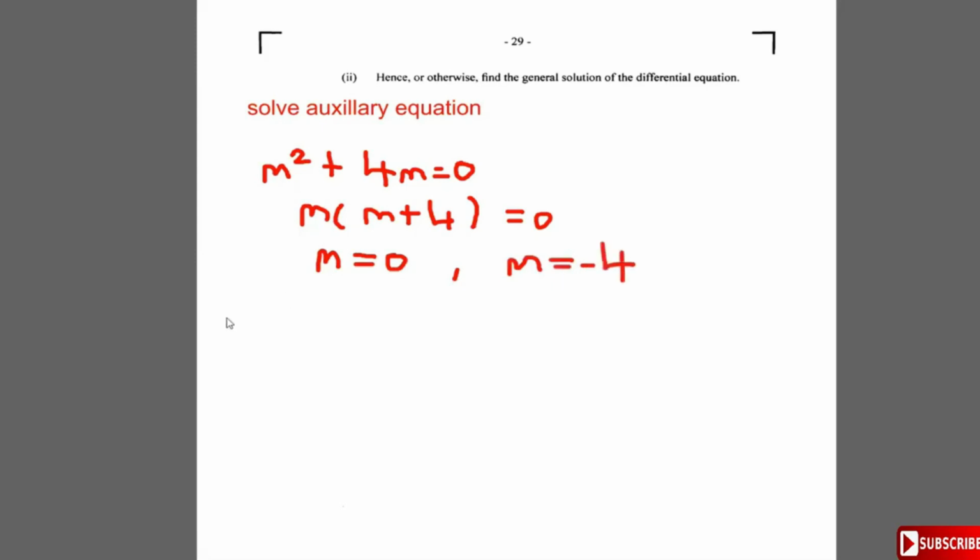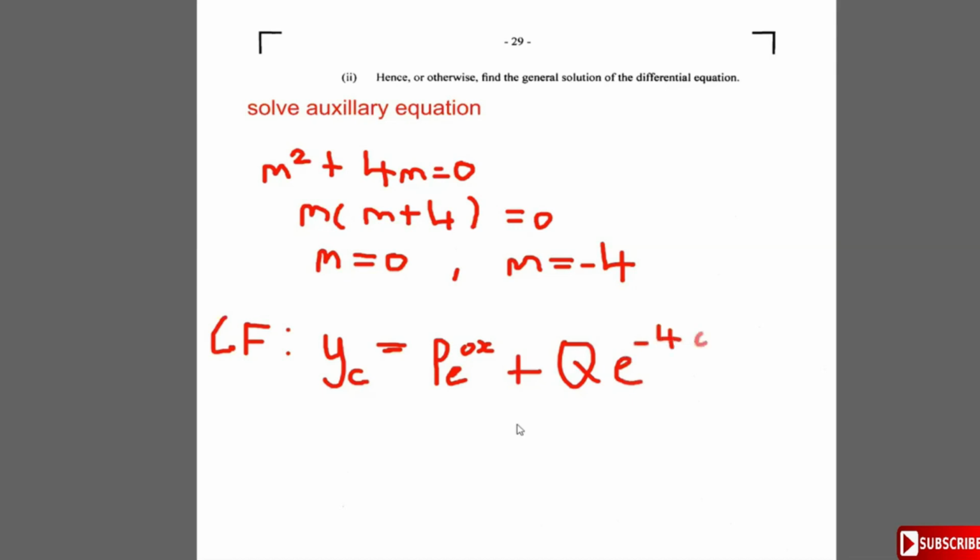So now you're able to write down the solution of the complementary function, generally given as yc. So yc is going to be equal to p e to the 0x plus q e to the negative 4x.